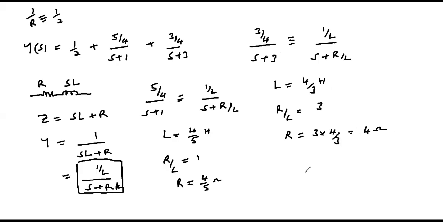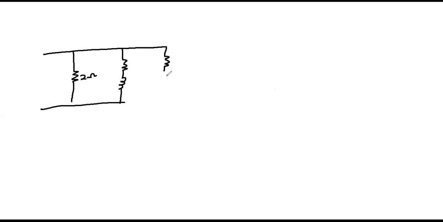And those are the parameters of our given circuit, from which we can draw our circuit as a resistor in parallel whose resistance is 2 ohms, a resistor inductor series, and another resistor inductor series, but all in parallel with the entire network.